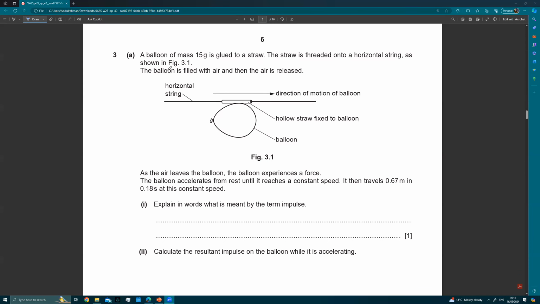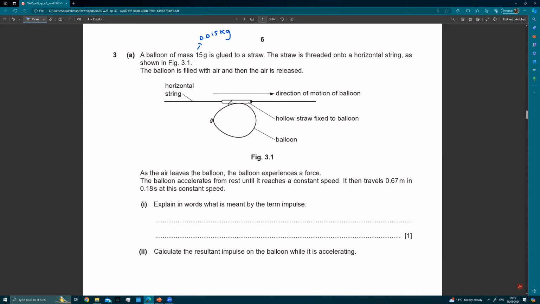So, a balloon of mass 15 grams, which is 0.015 kilograms, may have to convert. The straw is threaded onto a horizontal string shown. The balloon is filled with air and air is released.